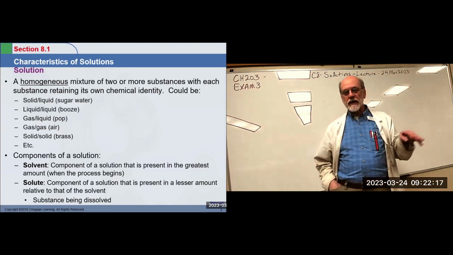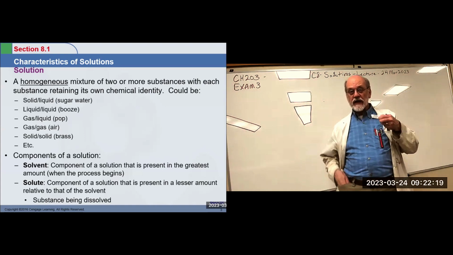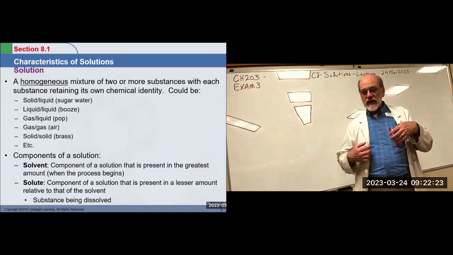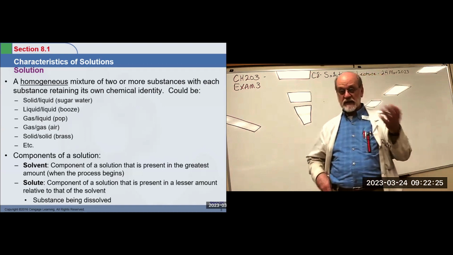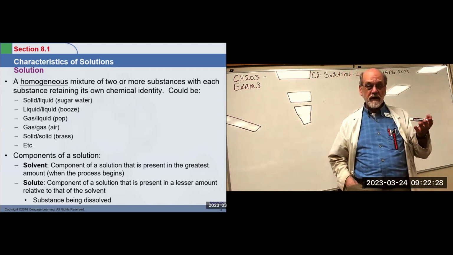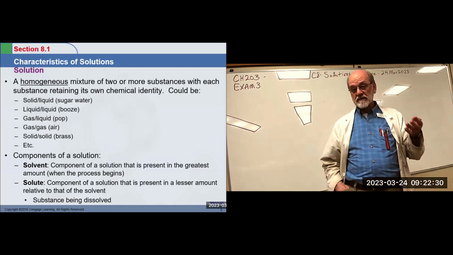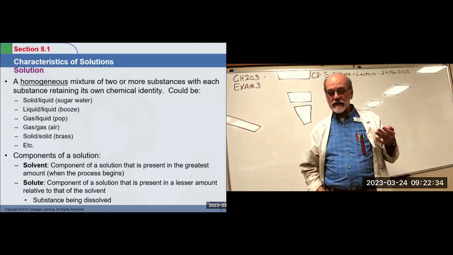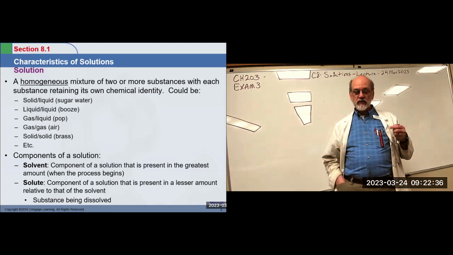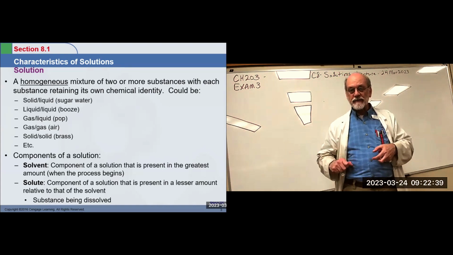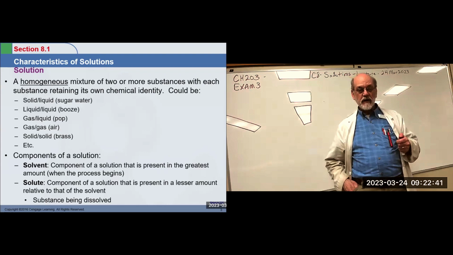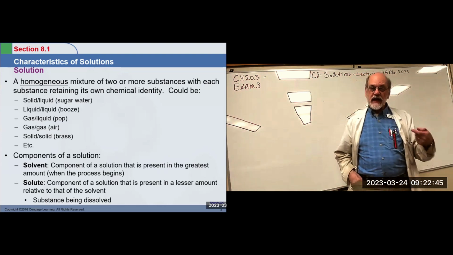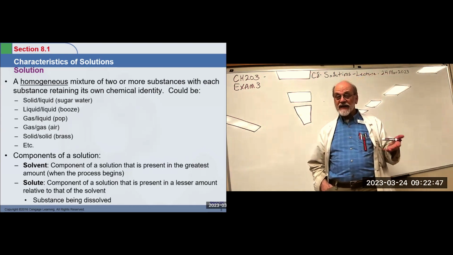There are a whole host of types of solution as long as the mixture is homogeneous. So we could have a solid and a liquid, which we normally think of as solutions. You can have a liquid and a liquid, right? Alcoholic beverages are like that. You can have a gas and a liquid. That's why when you crack the top on your bottle of pop, it fizzes, because there is gas dissolved in the liquid.